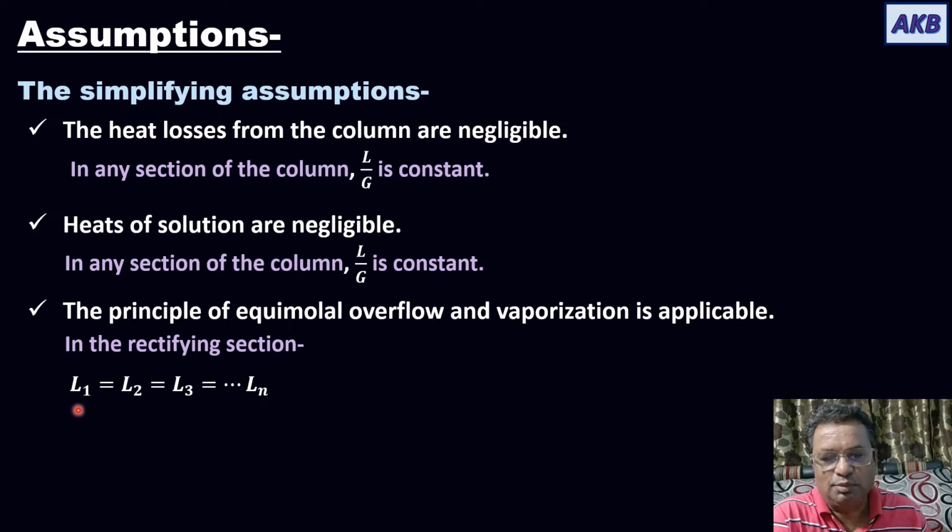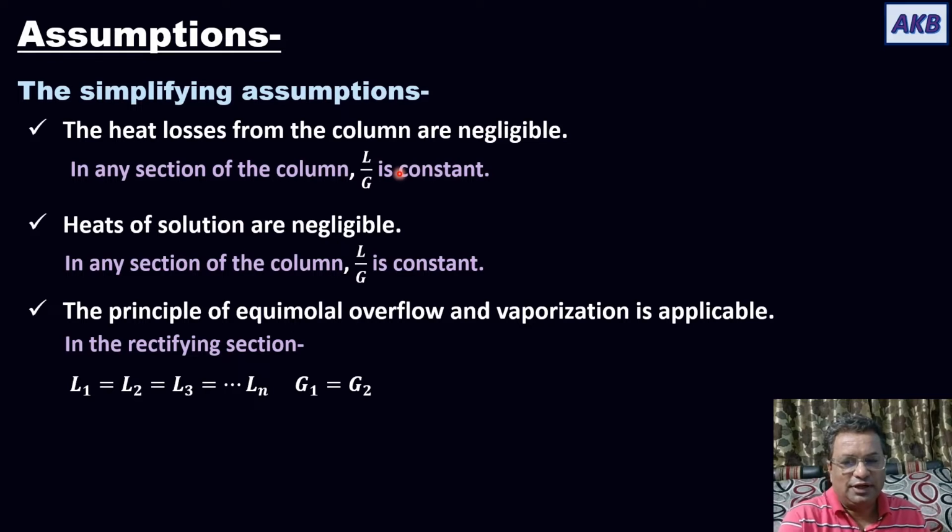So for example, L1 indicates liquid molar flow rate from tray 1, L2 indicates liquid molar flow rate from tray 2, and L1 is equal to L2 is equal to L3, the liquid molar flow rate from tray 3, and so on up to Ln, the liquid molar flow rate from the nth tray.